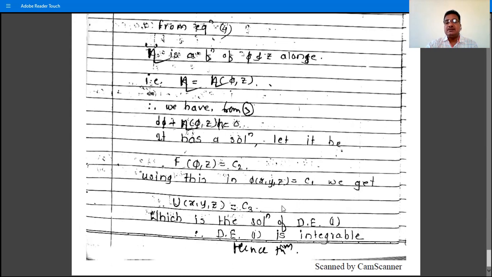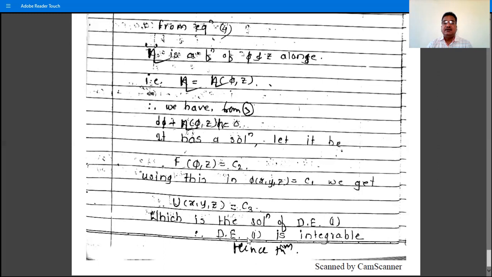So using this in equation φ(x,y,z) equal to C1, we get u(x,y,z) equal to C3 as a new function, which is the solution of the differential equation 1. And so differential equation 1 has a solution, meaning differential equation 1 is integrable, and hence the theorem. That is, the given differential equation 1 is integrable.